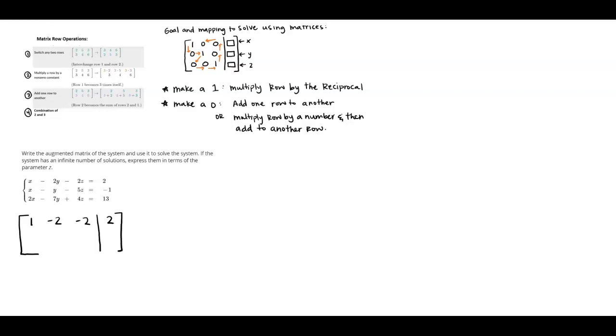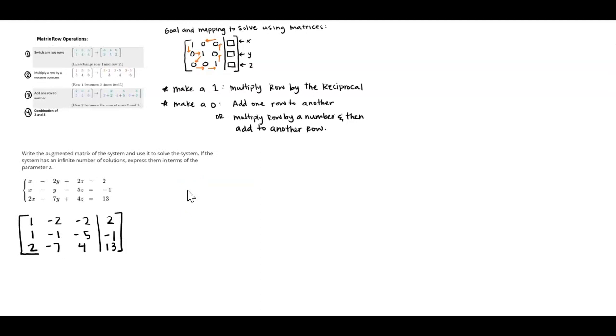And then we have 1, -1, -5, and -1, right? I'm just taking the coefficients off of these equations and writing them in here. And then I have 2, -7, 4, and 13.